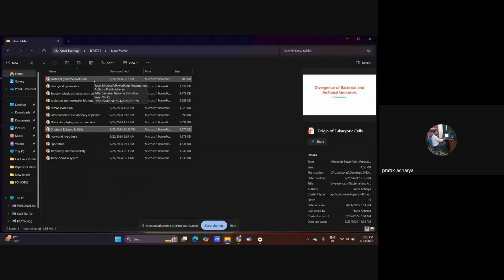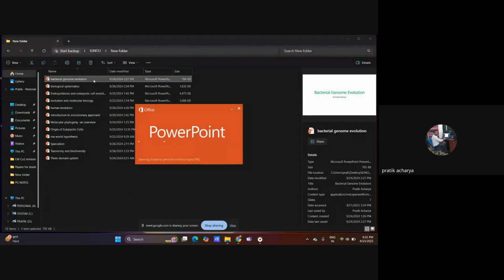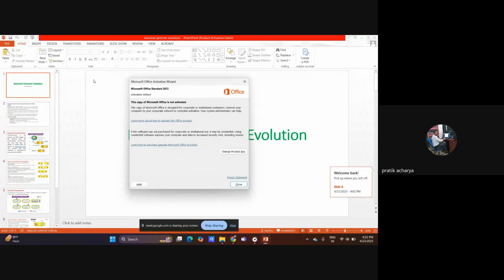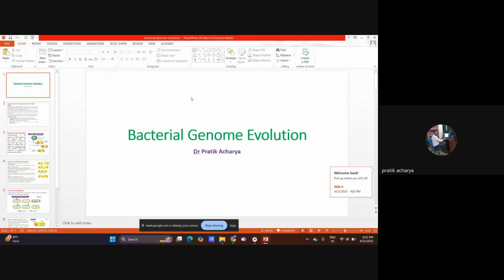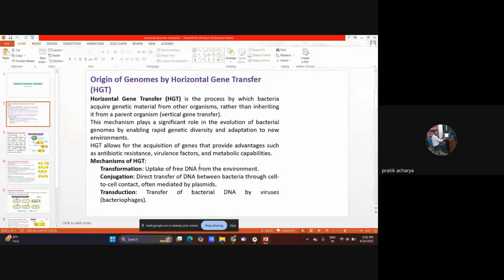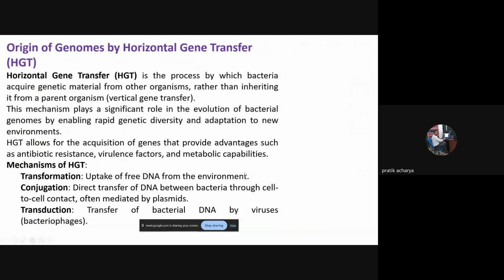From the last unit, we left this part. I'm going to discuss this part, bacterial genome evolution. Origin of genome by horizontal gene transfer.